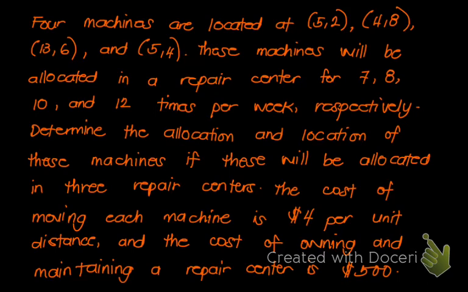Now, for our solution, let us indicate first the number of machines and the number of available centers. So for our M, we have 4 machines and we have 3 repair centers. The first thing we want to know is how many combinations are available for allocating these machines in the repair centers.